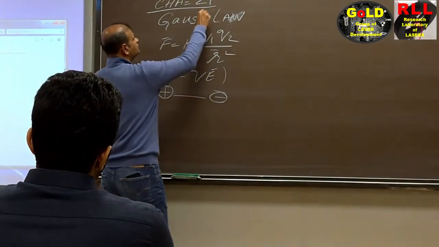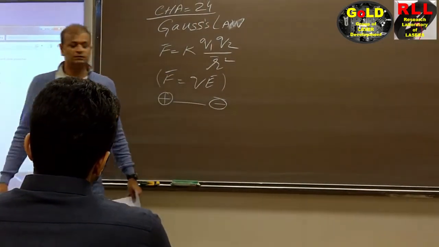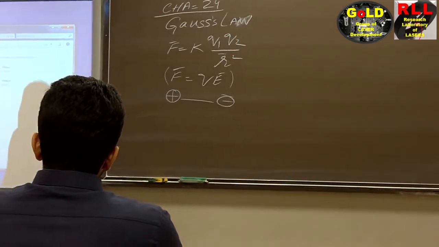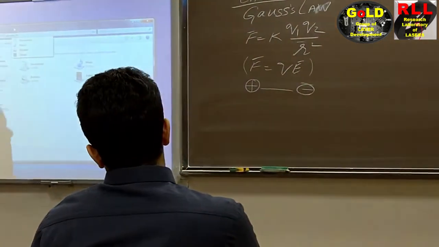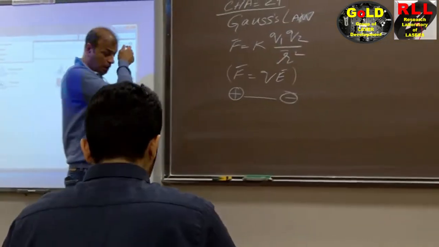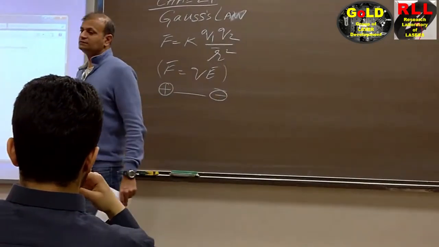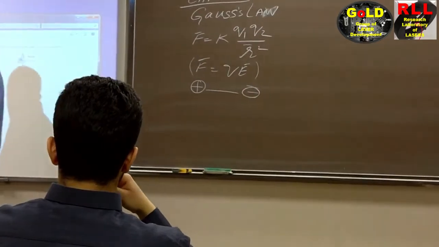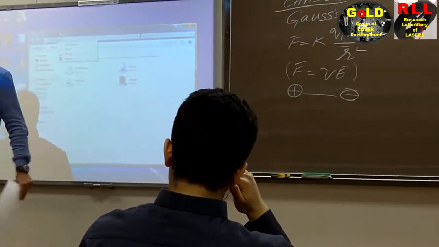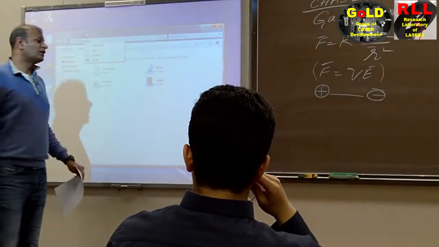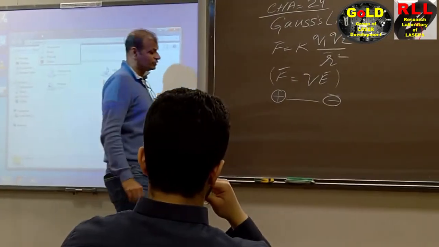In Gauss's law, this law is actually based upon Gauss, one of the scientists, who studied the charged particle inside the sphere and how to find out the flux. So we start from the flux. What is flux?